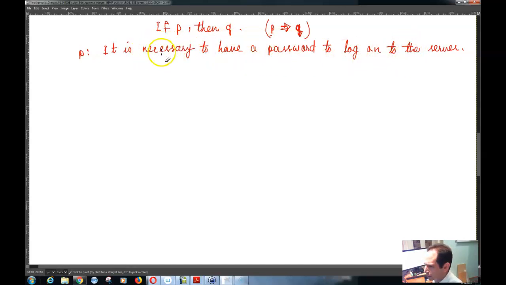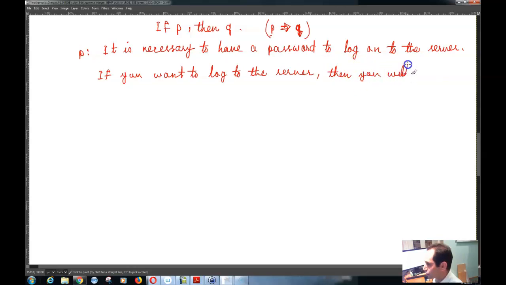So that means that it is a necessary condition to have a password to log on to the server. So that means that if you want to log on to the server, then you will need a password.